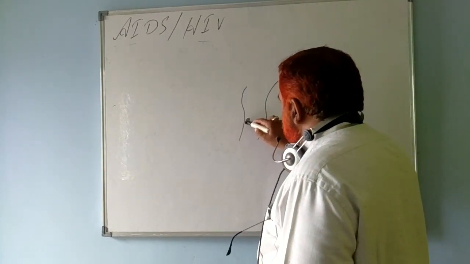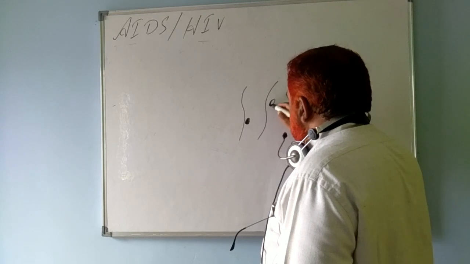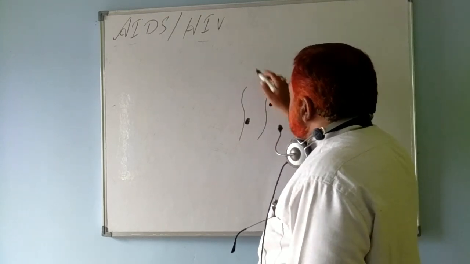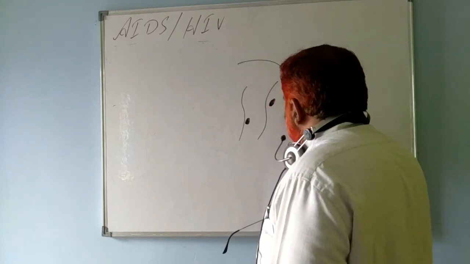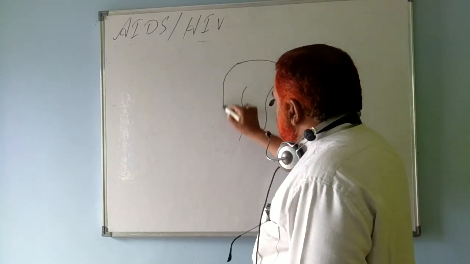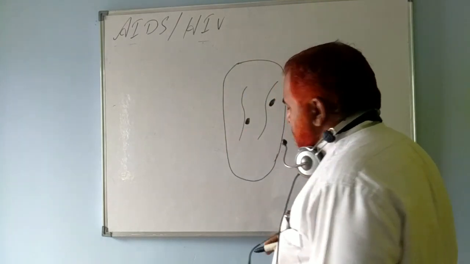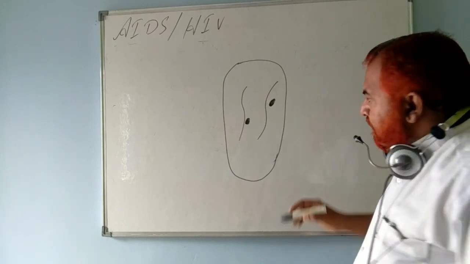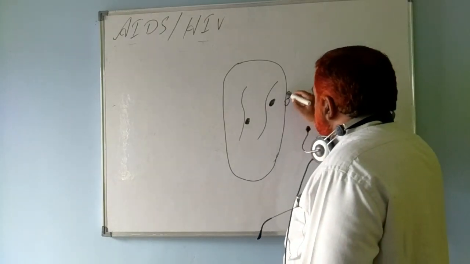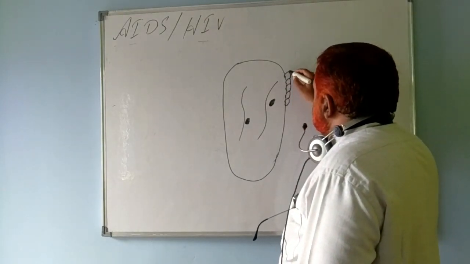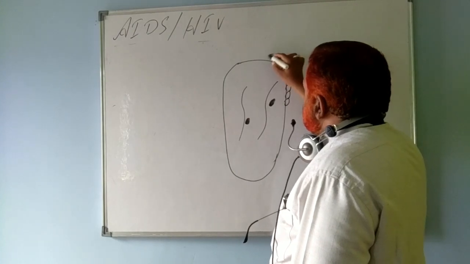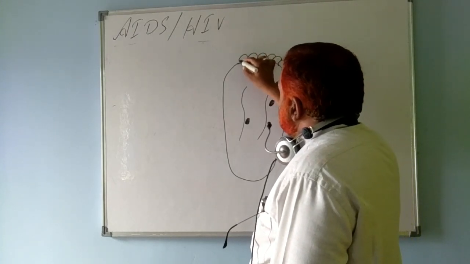Along with this, it has two units of reverse transcriptase enzyme. These nucleic acids are covered by a protein coat. This protein coat, the capsid, is made of capsid molecules. It has a granule-like structure.